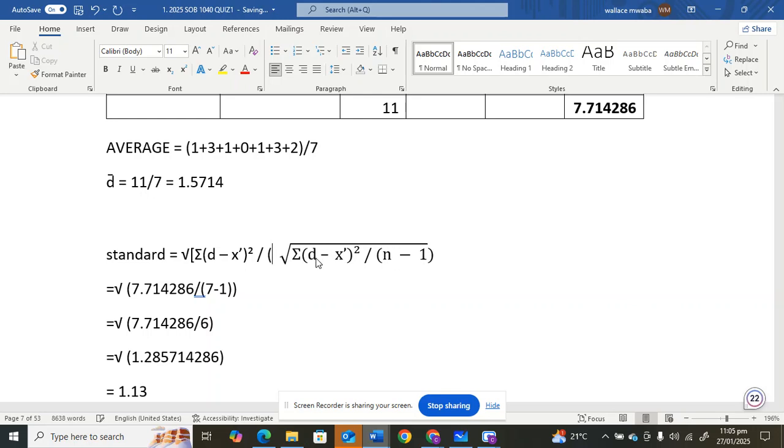So do 7.714 divided by 6. Then get the square root of that number. Are we getting 1.13?